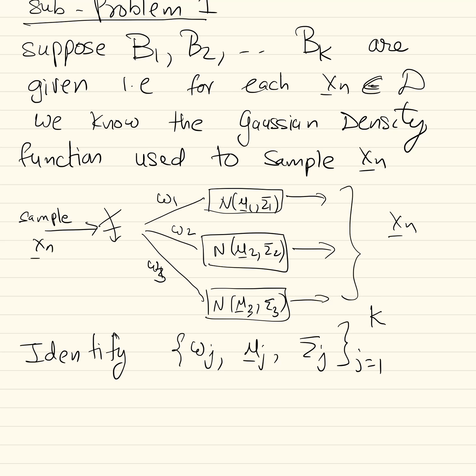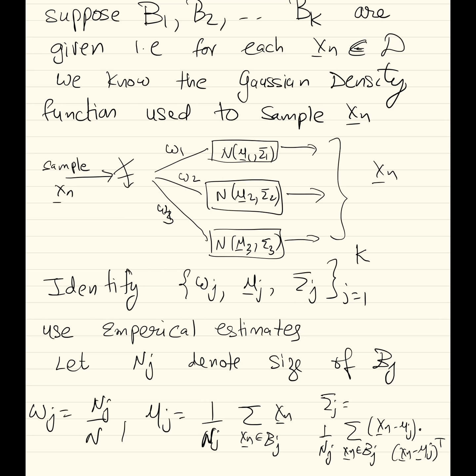Mu j is 1 by Nj times the summation of all xn in Bj of xn. And sigma j is 1 by Nj times the summation of xn in Bj of (xn minus mu j) times (xn minus mu j) transpose. Okay, these can be readily computed.